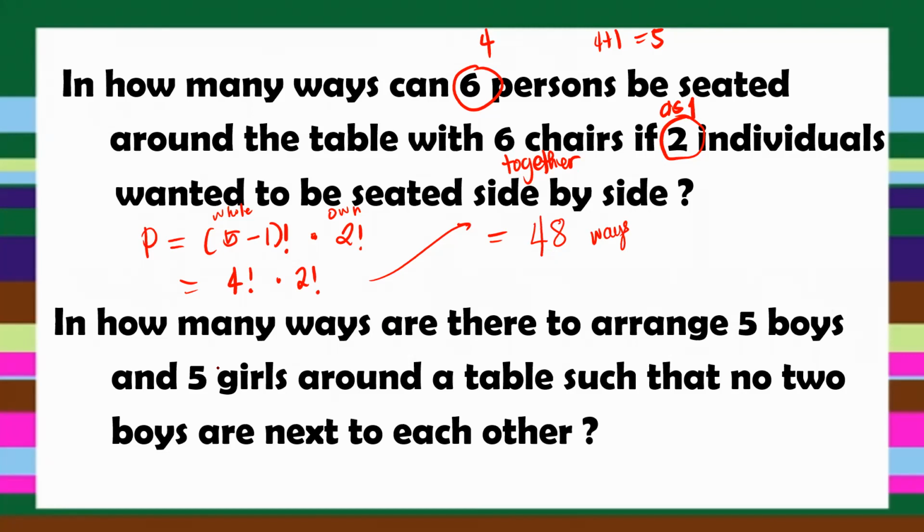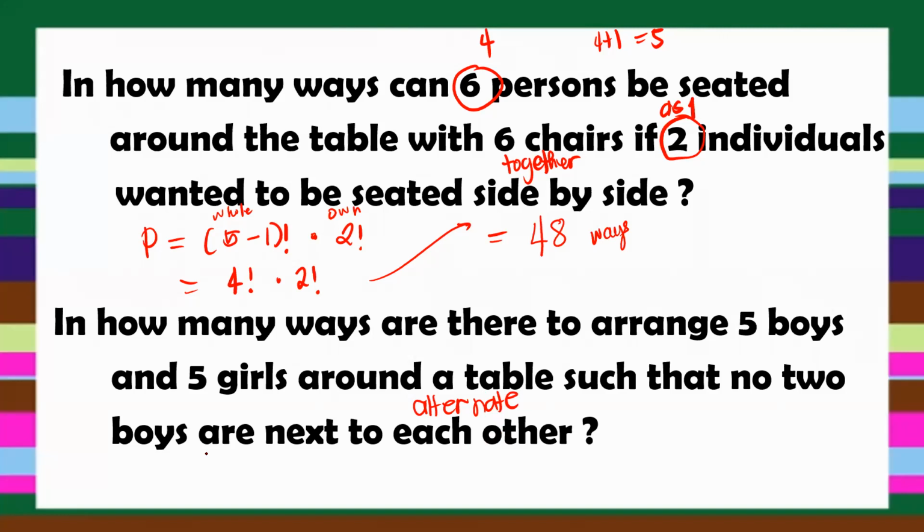Ito naman, how many ways are there to arrange 5 boys and 5 girls around a table such that no 2 boys are next to each other? Ibig sabihin nito, alternate. O remember, pag nag-alternate tayo, ang ginagawa natin, binibilang lang natin ilan yung boys, ilan yung girls. Sa books din, ganon. Ilan yung math books, ilan yung science books, and so on.